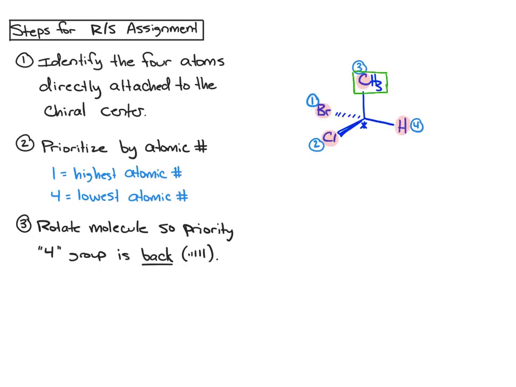So what I'm going to do to get the hydrogen priority 4 to the back, I'm going to rotate it to here, the bromine out to the front, and the chlorine over here into the plane. When we do this, what you want to do is draw your main tetrahedron just like you have before.